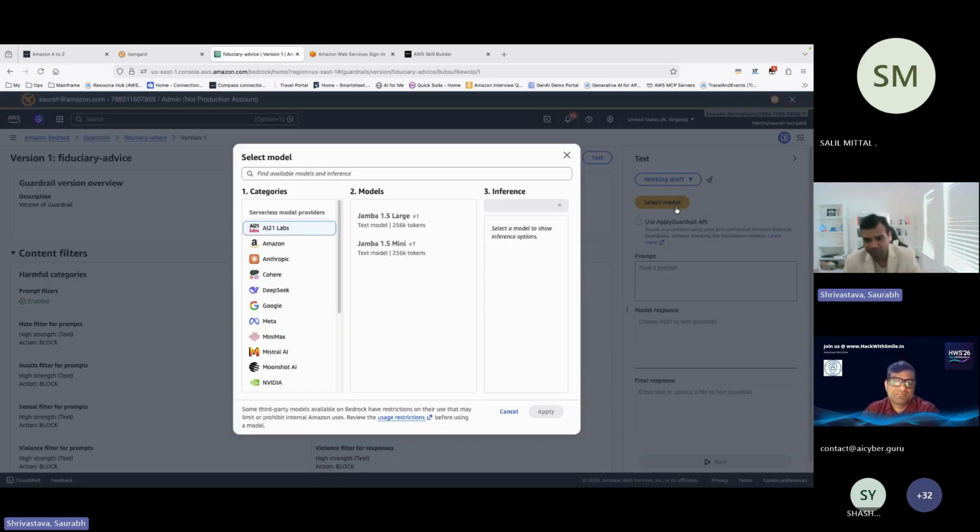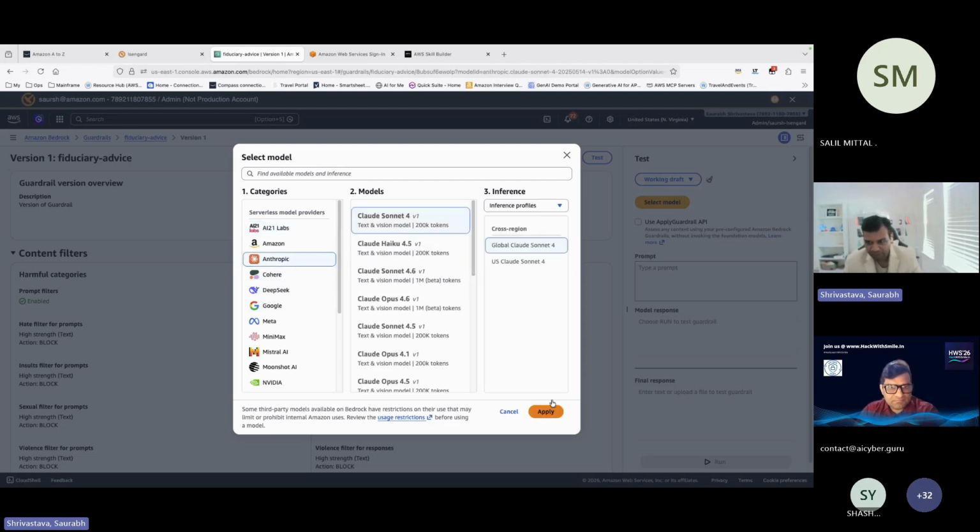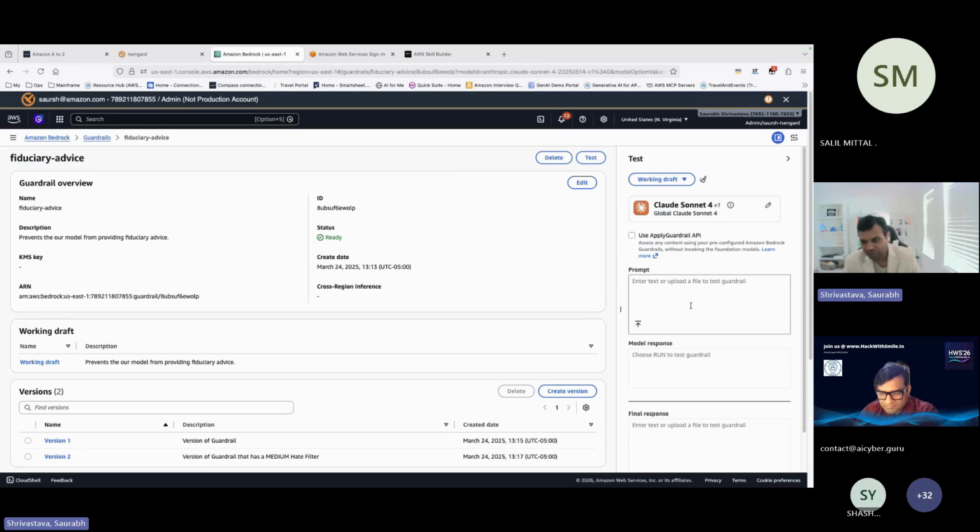And I can select the model I want to apply. I can say, okay, I want to apply Anthropic Sonnet 4.0. And here I can test it.